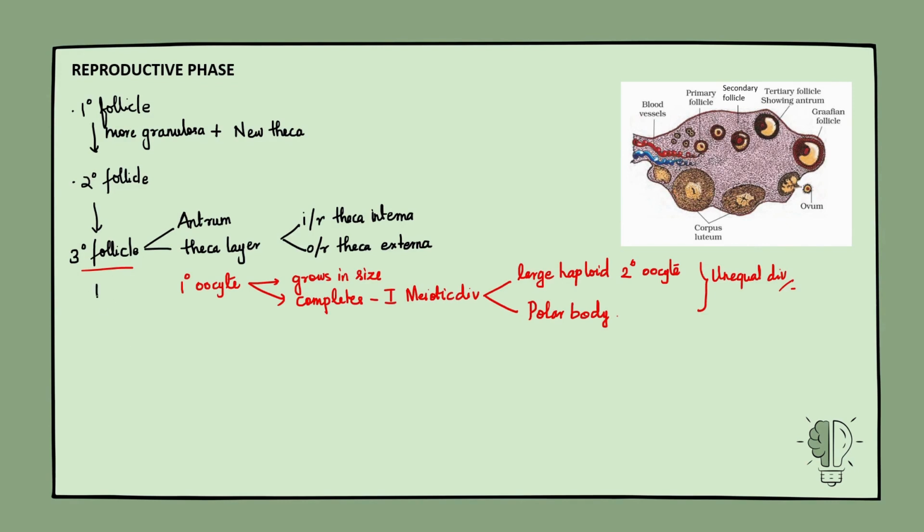After the meiotic division, the tertiary follicle transforms into the Graafian follicle or mature follicle. Alright.